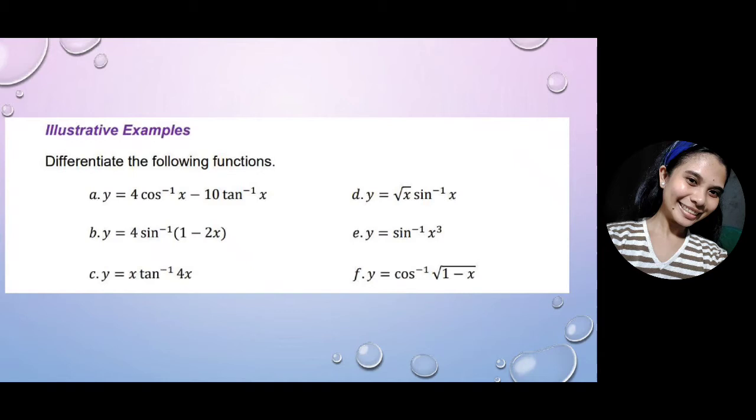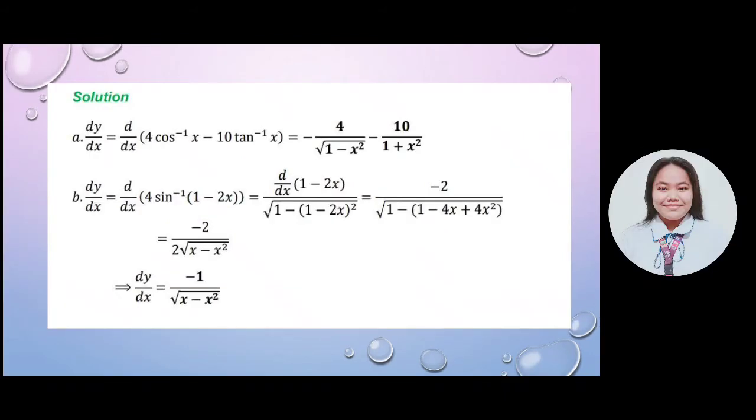First, let's have reporter number 1, Miss Seringan Tricia May S. Sample letter A: 4 cosine raised to negative 1 of x minus 10 tan raised to negative 1 of x. So, the formula that we need is the derivative of arc cosine of u. It's very similar to the arc sine of u formula. It's going to be negative u prime instead of positive u prime, divided by the square root of 1 minus u squared.